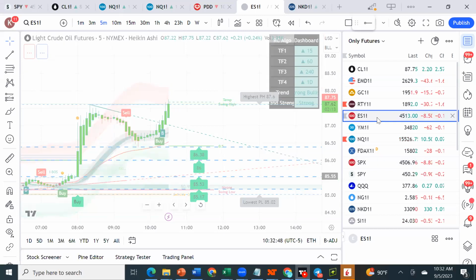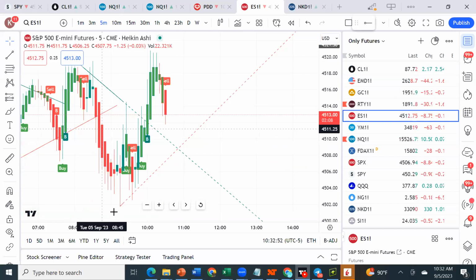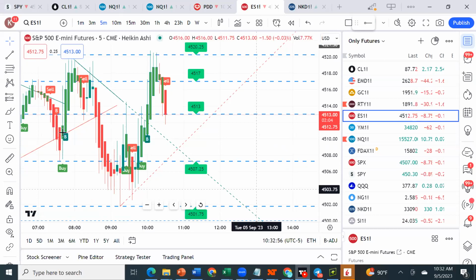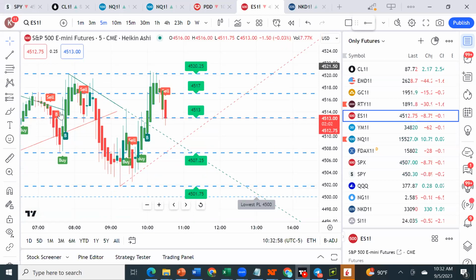Your ES went from 4500 to 4520. Again, it is coming down. So this is like a range market. It went up, came down, went up, coming down. It is just staying in a range.